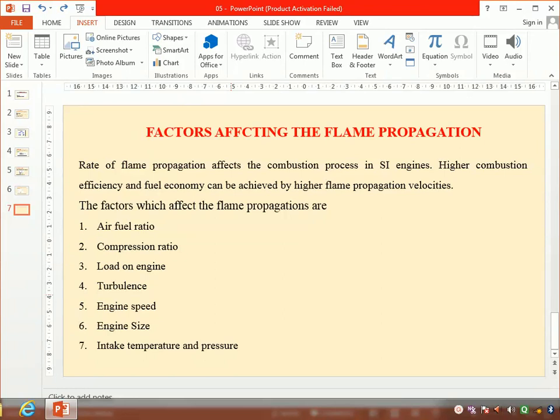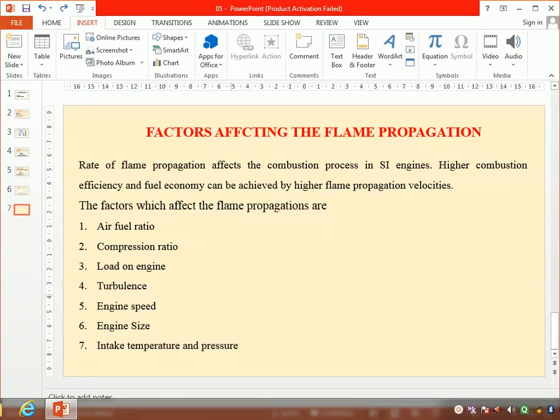Fourth one is turbulence. Turbulence plays an important role in the combustion, to get a better flame. The flame speed is directly proportional to the turbulence. What happens if the turbulence is more?